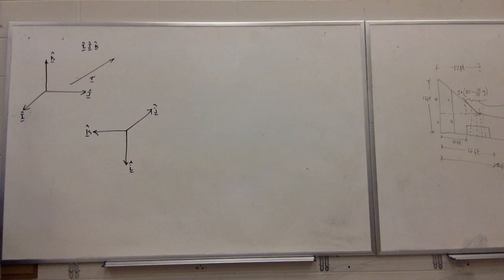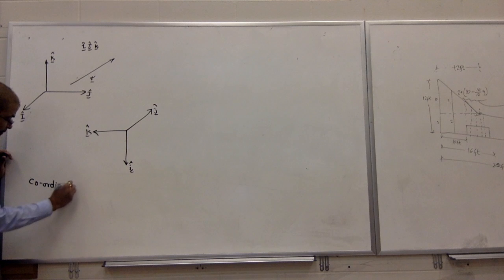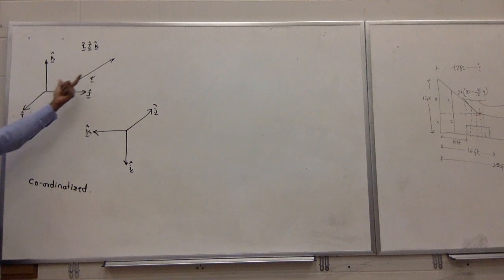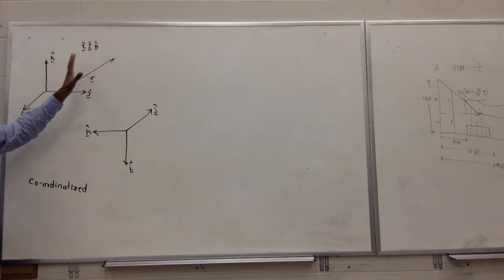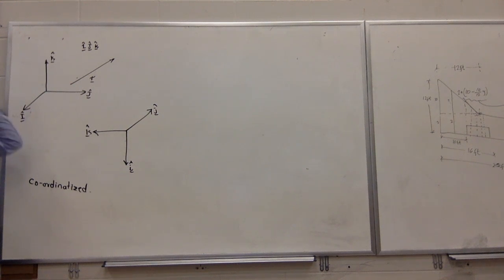So this vector by themselves are free vectors, independent of coordinate systems, but they can be coordinatized. When you look at it from a reference frame, they'll have components in that reference frame. Got it?